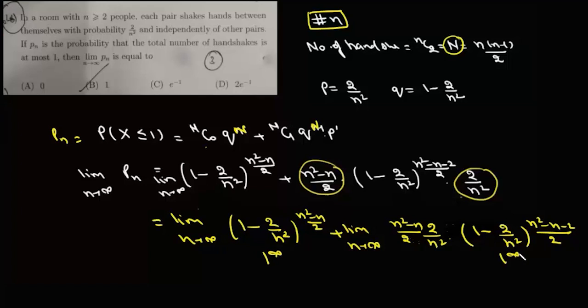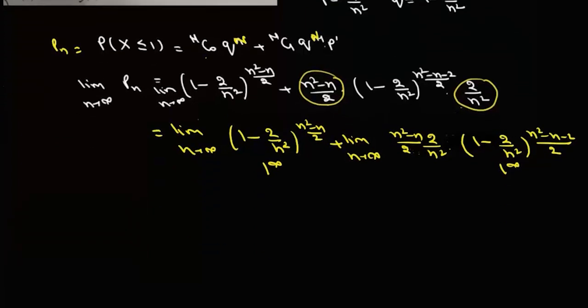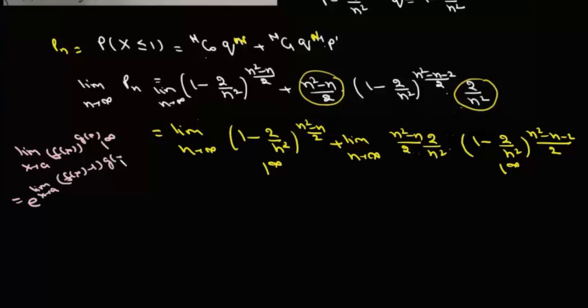So here we are going to use two concepts in limits. The concepts are, if we have the limit as x tends to a of f(x) to the power g(x), and it is of the form 1 to the power infinity, we can write this as e to the power the limit as x tends to a of (f(x) minus 1) into g(x).